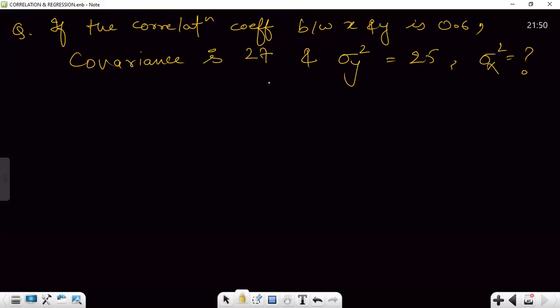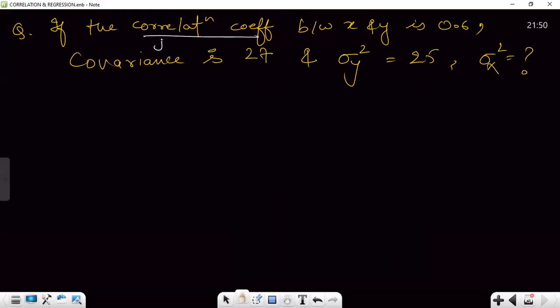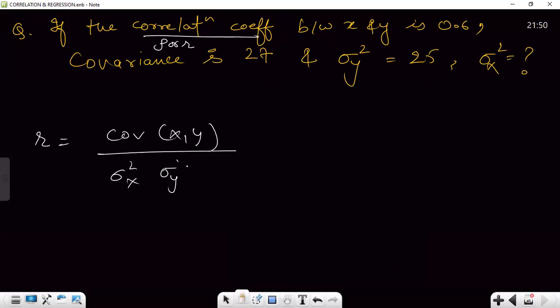Okay, so first of all, the correlation coefficient, as we call it, rho or r. Note, the correlation coefficient is also written as rho or r. So its formula is covariance of xy divided by sigma x into sigma y. Now, see, this is how important it is for you to remember both forms of the formulas.